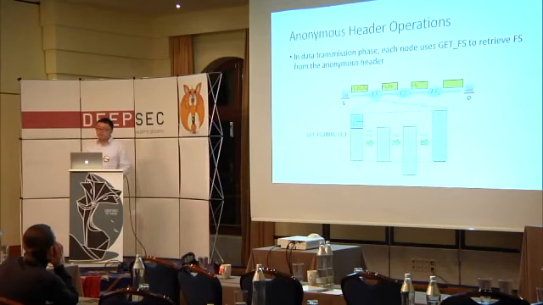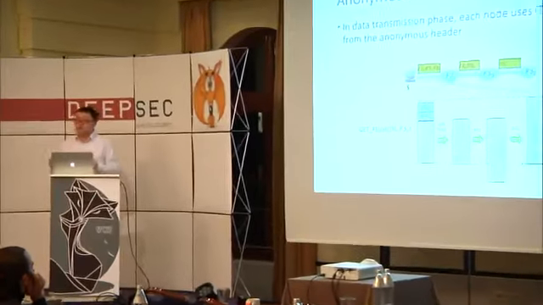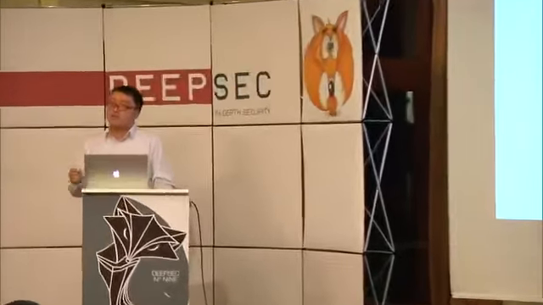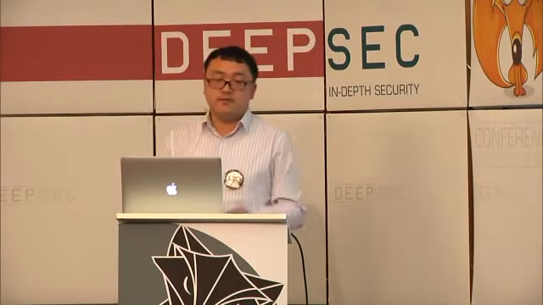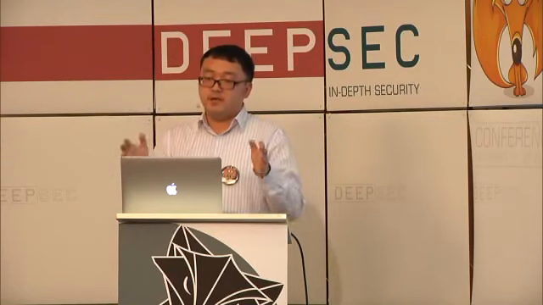Then let's see how anonymous header operations work. Here I will use getFS as an example. GetFS is used by a node to retrieve its state from the packet header. Again, we assume node 0 would like to retrieve the state from a data packet. You can see the process is very symmetric to addFS.